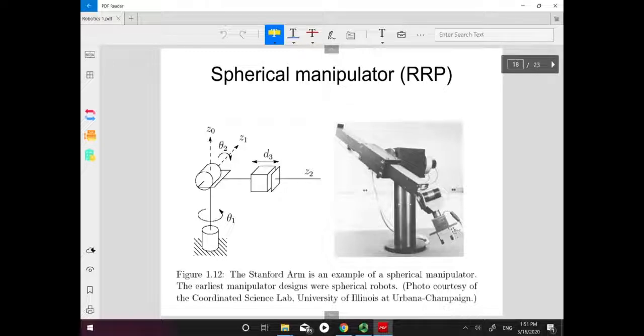If we take a look at this part, this inside can slide in this direction. That is a translational motion, so that is a prismatic joint. So this manipulator has one revolute joint, a second revolute joint, and one prismatic joint. We call this manipulator RRP, meaning revolute, revolute, and prismatic.